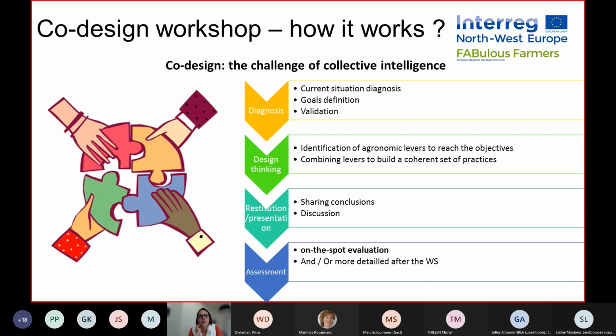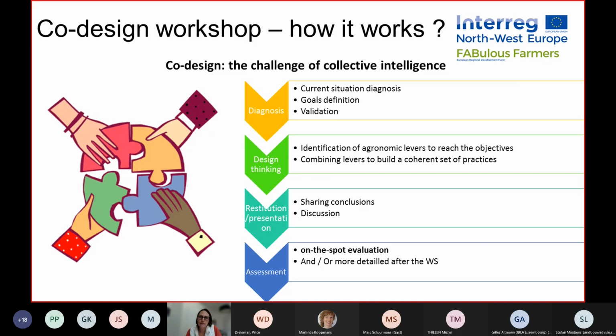This step is often in small groups, and then we have a presentation, a sharing phase of the discussion to conclude and obtain one or two different new cropping systems.